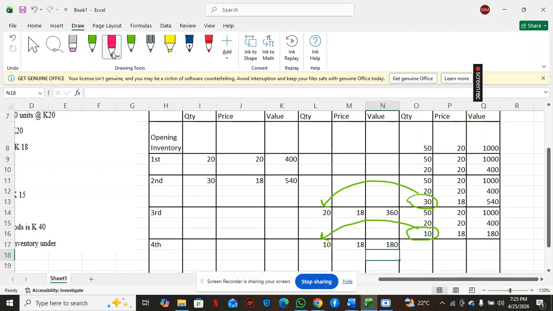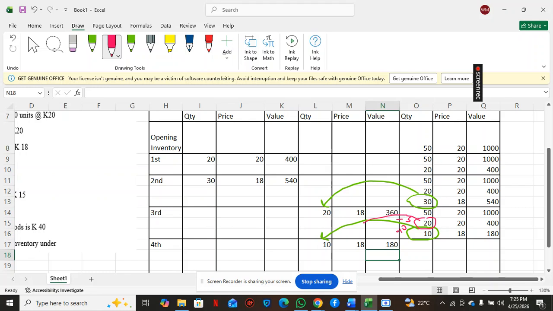Now remember, we've issued out 15. We removed our first 10 from here, so I'll put minus 10. The remaining 5, we're going to remove from this next batch, these 20 spare parts valued at 20 kwacha each. So I'll say minus 5.